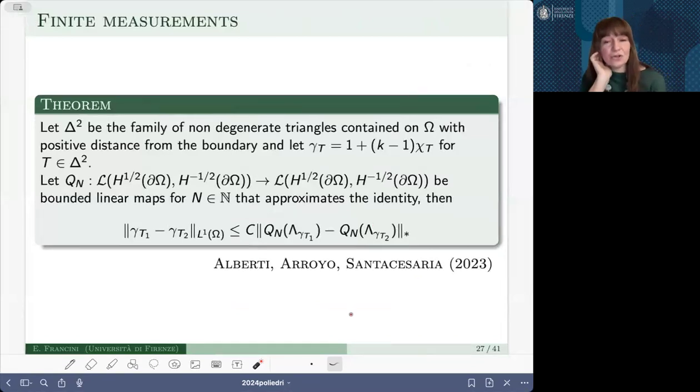And this case also has a finite version, in terms of a finite number of measurements, that was contained in this paper by Alberti, Arroyo, and Santacesaria. They extended that result, that was proven first for linear subspace, to manifolds. And they were able to extend that to the case in which the unknown polygon is a triangle.